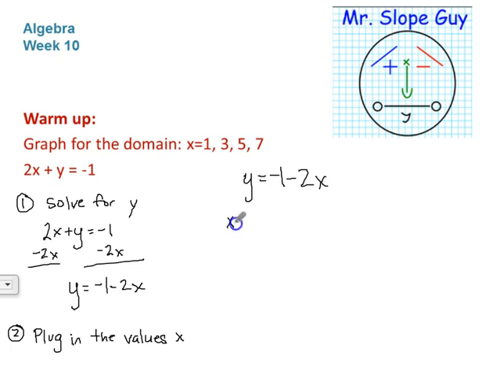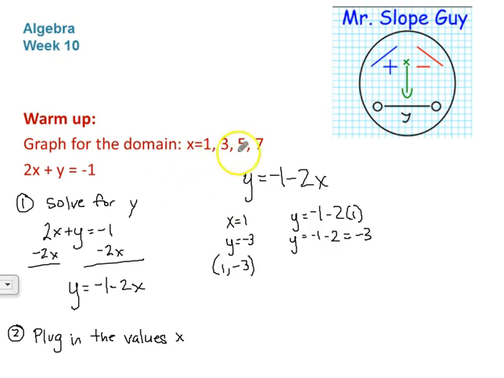When x equals 1, that means whenever I see an x, I'm going to plug in 1. And I'm going to do the math. y equals -1, -2 times 1 is -2. So -1 minus 2 is -3. So when x equals 1, y will equal -3. And we can write that as a coordinate, (1, -3).